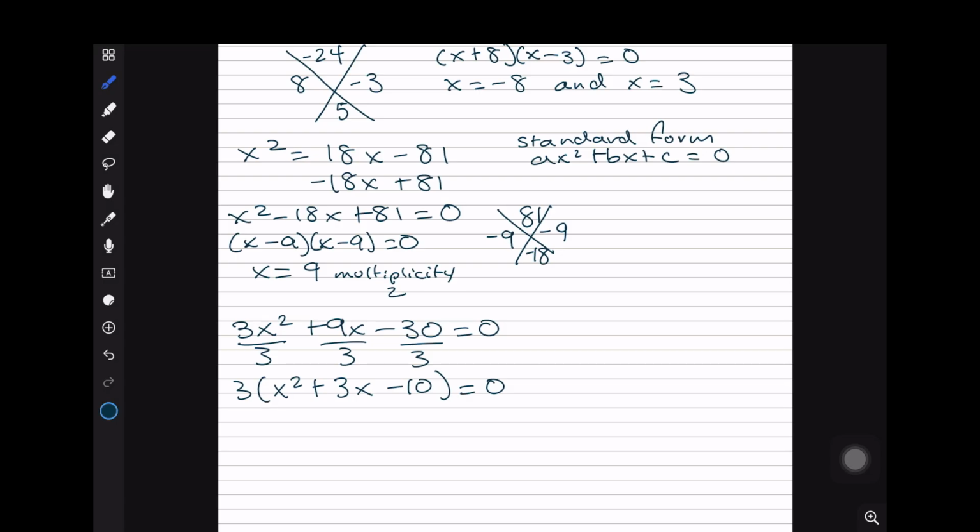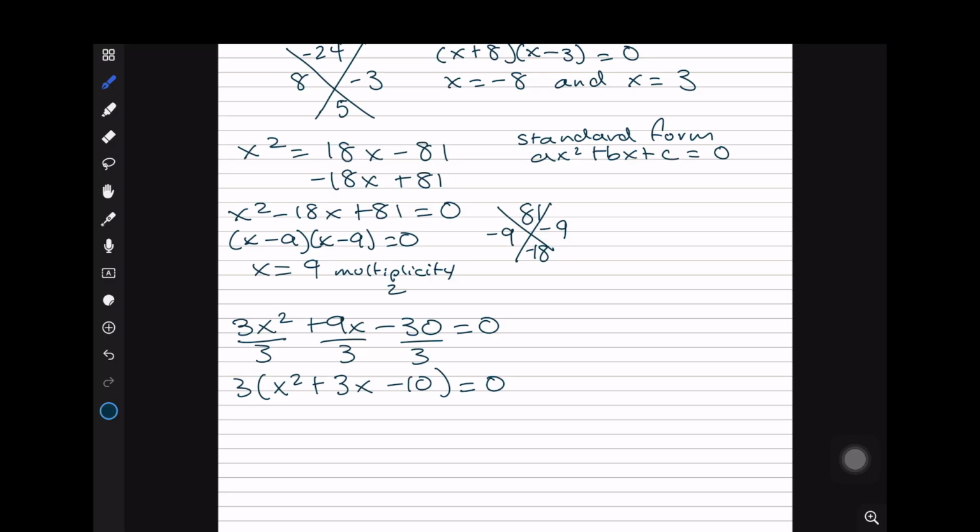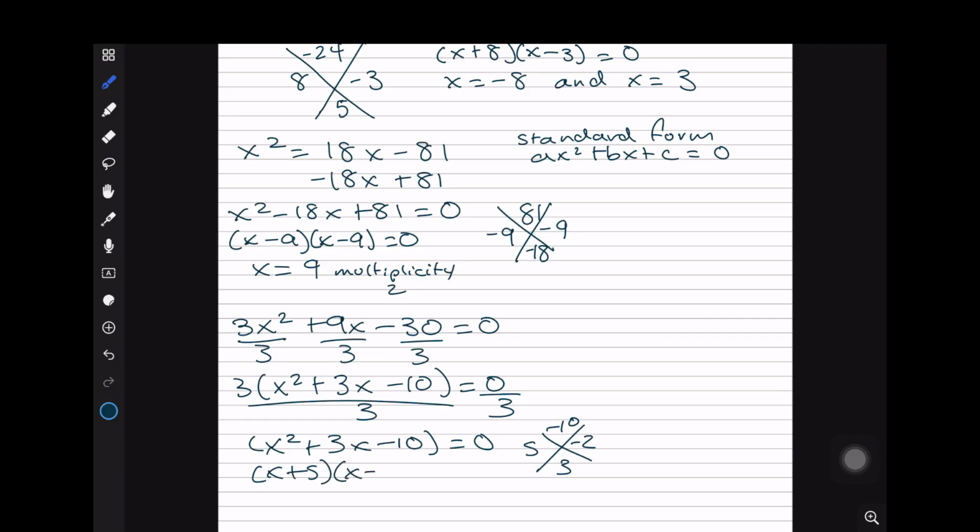So now you have 3 times x squared plus 3x minus 10 equals 0. And now you want to get just the first coefficient to be a 1. So divide by 3 on both sides and get x squared plus 3x minus 10 equals 0. So now you can apply the big X and you'll end up with x plus 5 times x minus 2 equals 0. So x equals negative 5 and x equals positive 2.